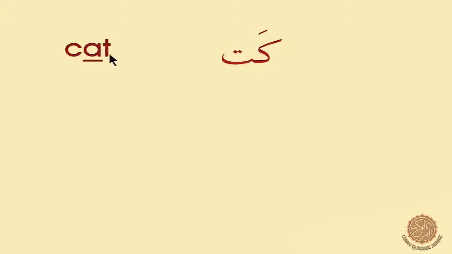The T doesn't have any vowel associated with it. It's just a stop on the T, so in this case we would put a sukun there. Cat. If we gave it a mark, for example the fatha, it would be kata, or katu, or kati.